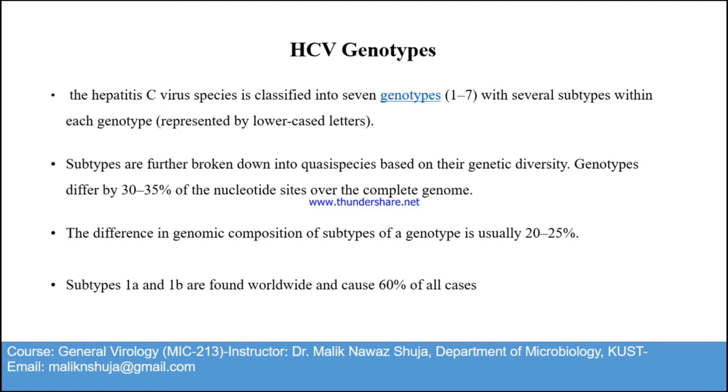Clear now? If we are talking about genotypes, each genotype is different from another genotype by up to 30 to 35%, while subgenotype variation shows 20 to 25%. Clear now?